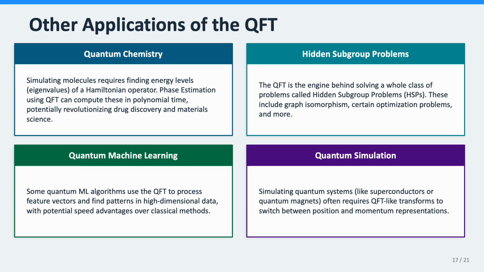This is useful for simulating quantum magnets, superconductors, and other materials where quantum effects are dominant. Some quantum machine learning proposals also use QFT-like operations, though whether they offer genuine advantages over classical machine learning remains an active area of research.